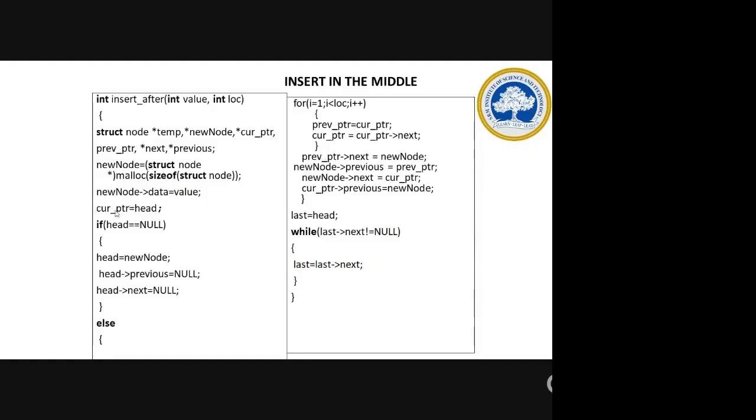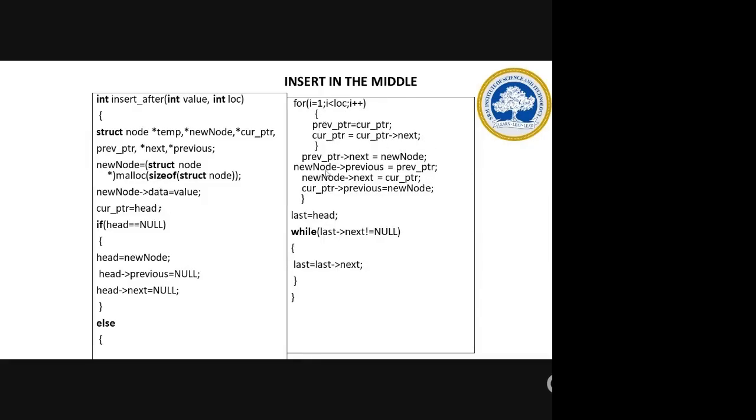So now see here, these are already known things. If you are assigning the head to the current pointer and it is null, again the same condition as in your previous program. Else, it will go with the location. I told you your current pointer will be replaced with the previous pointer and your current pointer will keep on moving to the next position until it finds the location.